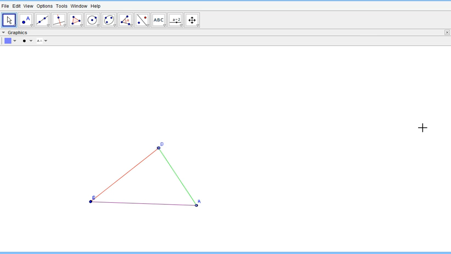Now I'm going to try another three sides, and because I'm pretty tricky, I've already created three different sides. And there they are. And now these three are duplicates of these three.